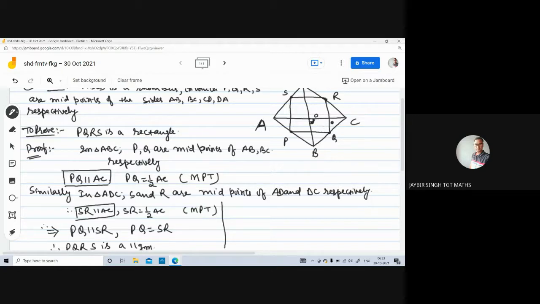So, let's take these points L and M. Angle LOB, or you can write angle 1, and this is angle 2. Angle 1 is equal to 90 degrees since diagonals of a rhombus bisect each other at 90 degrees.